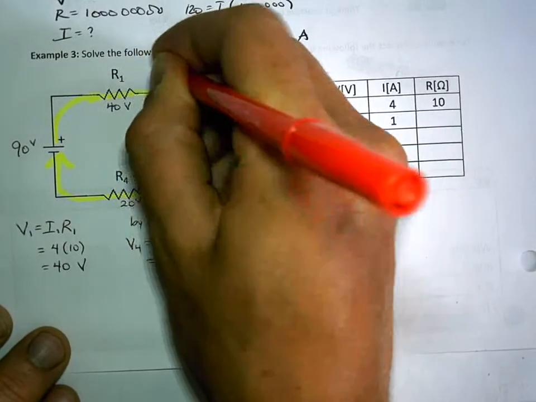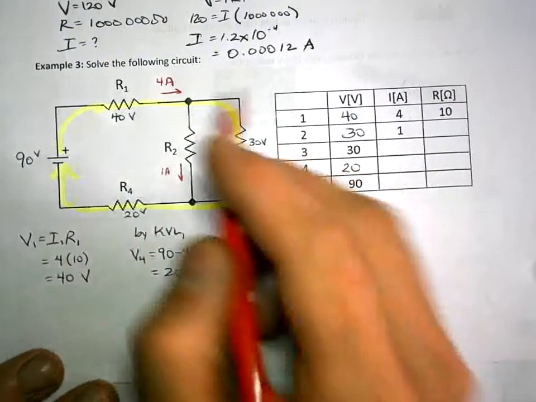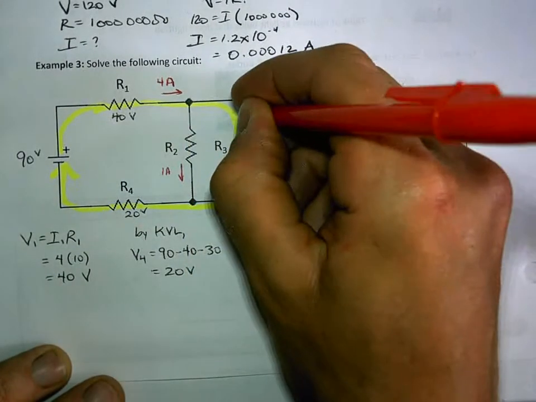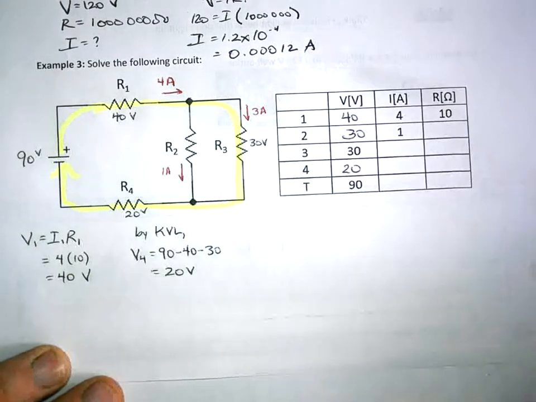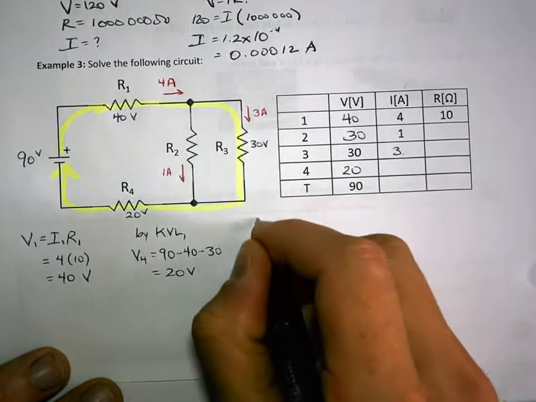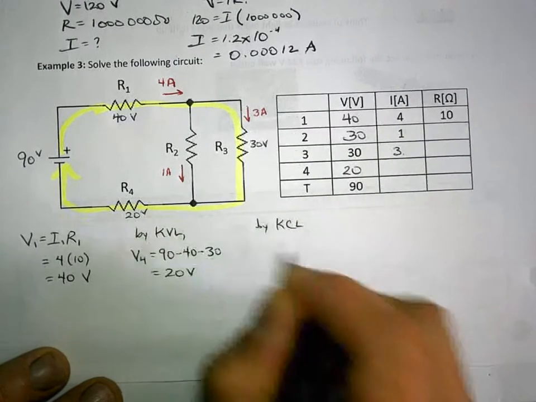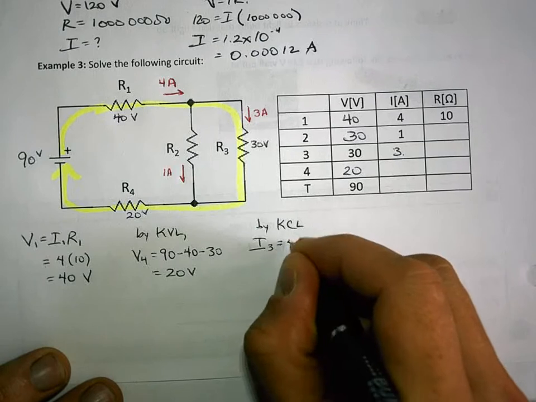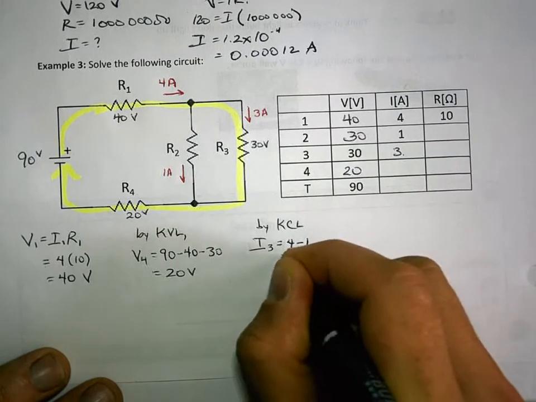Well, that's enough information for us, because we now know if 4 amps is going into this node, 1 is coming out, then this has to be 3 amps. So that is I3 is 3 amps. I'll just write that here by KCL. I3 is equal to 4 minus 1 is equal to 3 amps.